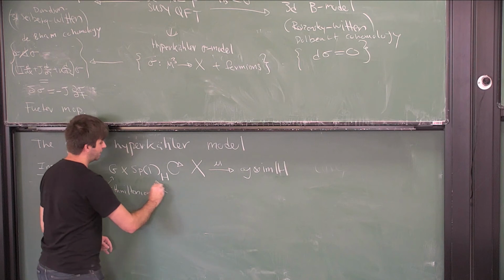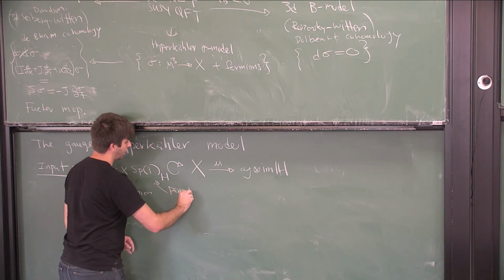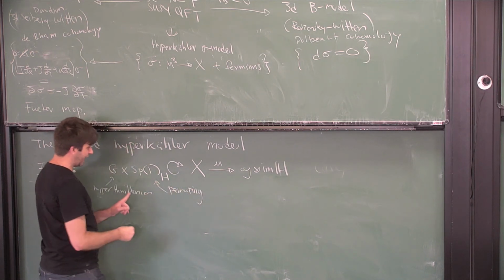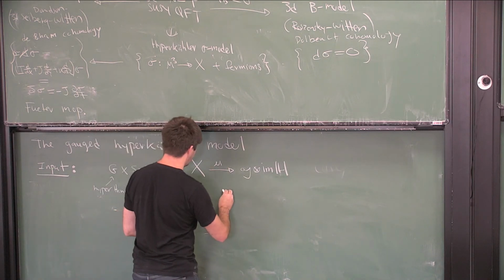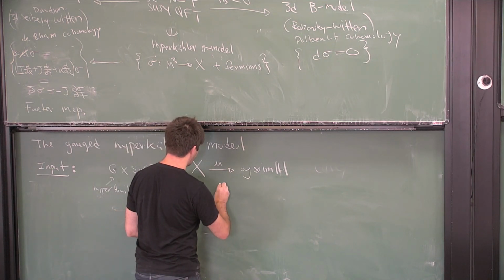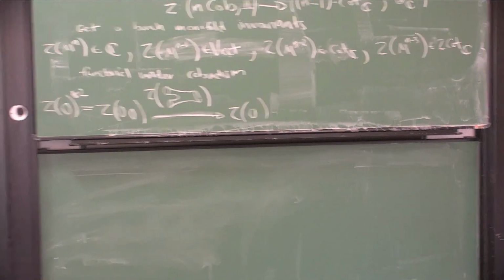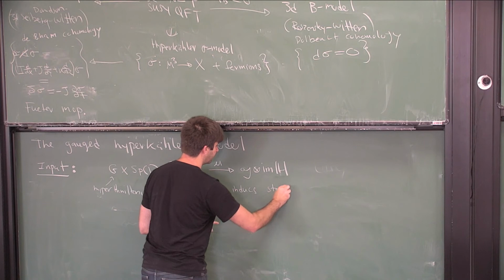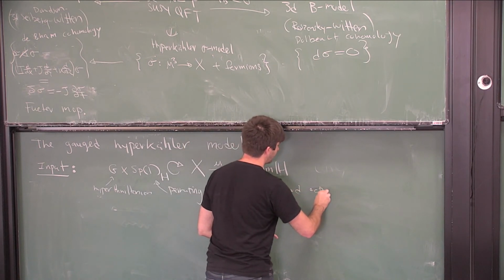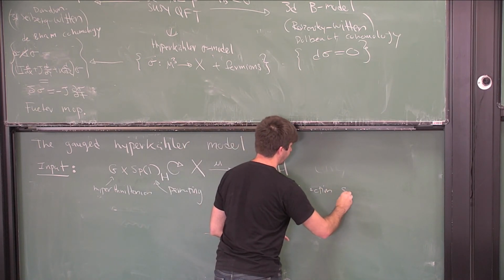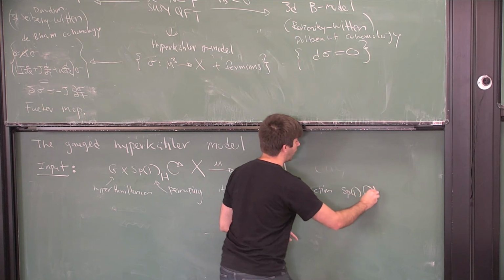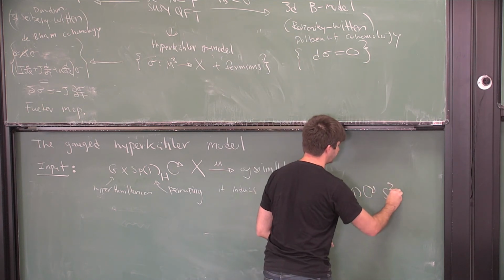And then this one has to be what's called permuting. And so what that means is that it induces the standard action of Sp(1) on the twistor sphere, S2.